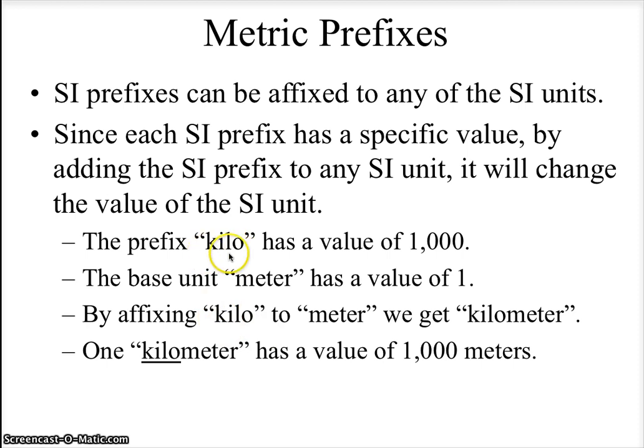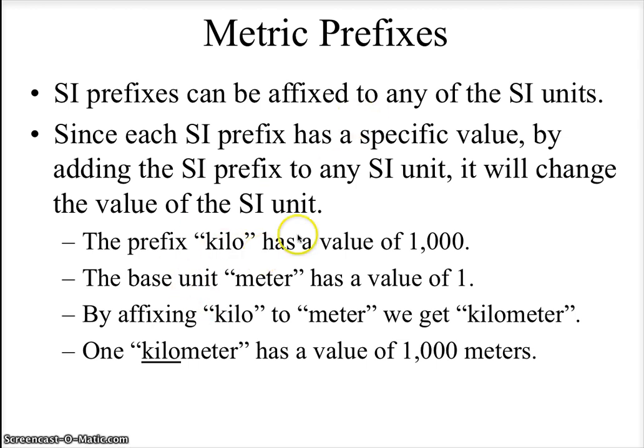I'm sure in a lot of popular movies you have heard the word kilo. The word kilo is essentially a synonym for 1,000. So if I were to say a kilo of something, I mean 1,000 units of that one thing.